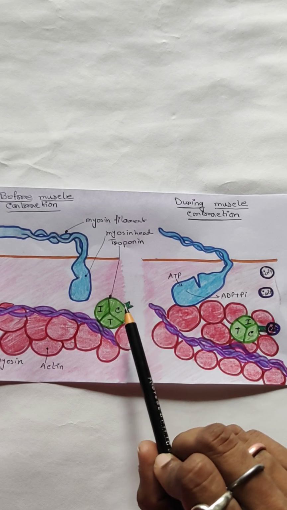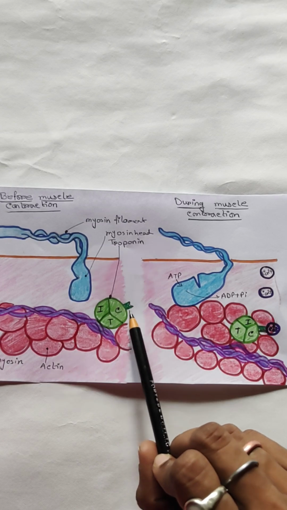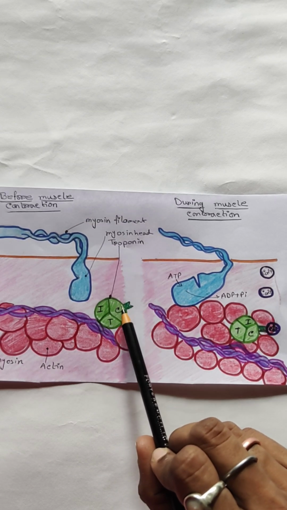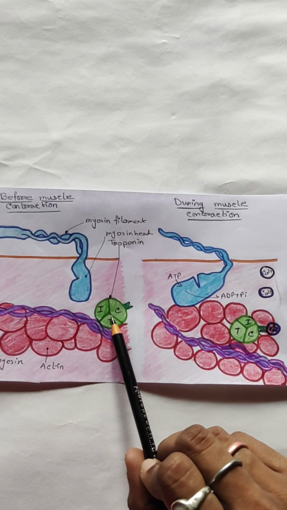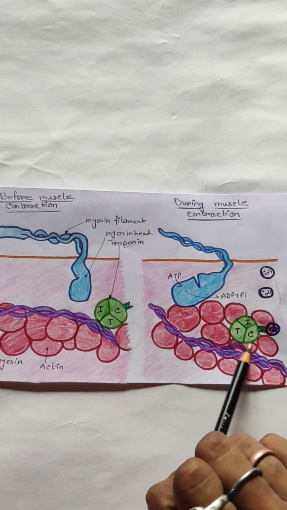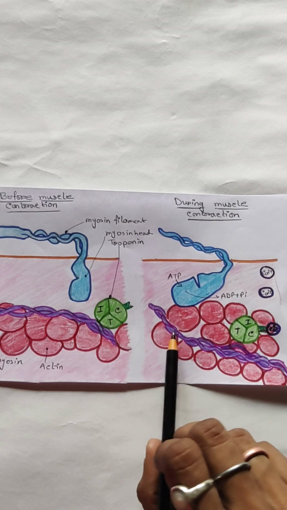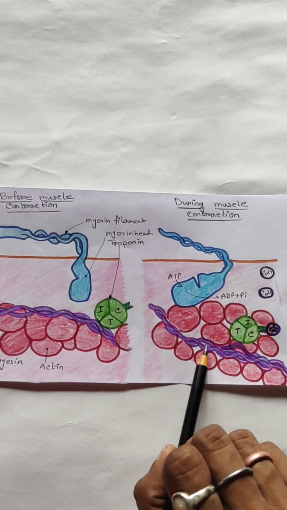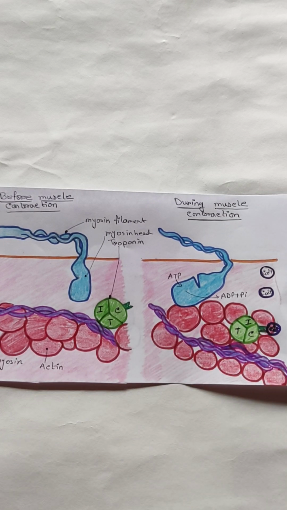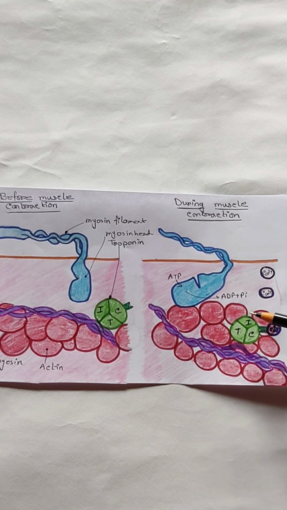And whenever this calcium combines with this receptor, it displaces from the original position, and it opens the actin binding site. I repeat, when 4 calcium ions combine with troponin C, the latter moves the tropomyosin molecules deeper into the groove between the 2 actin strands.